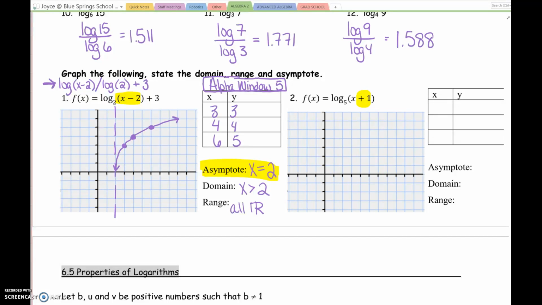The opposite of that is -1, so my asymptote will be at x equals -1. Which means my domain will either be x is greater than -1 or x is less than -1. So I'm going to put greater than for now because it's usually greater than, and I'll talk about when it's not. And my range is all real numbers.